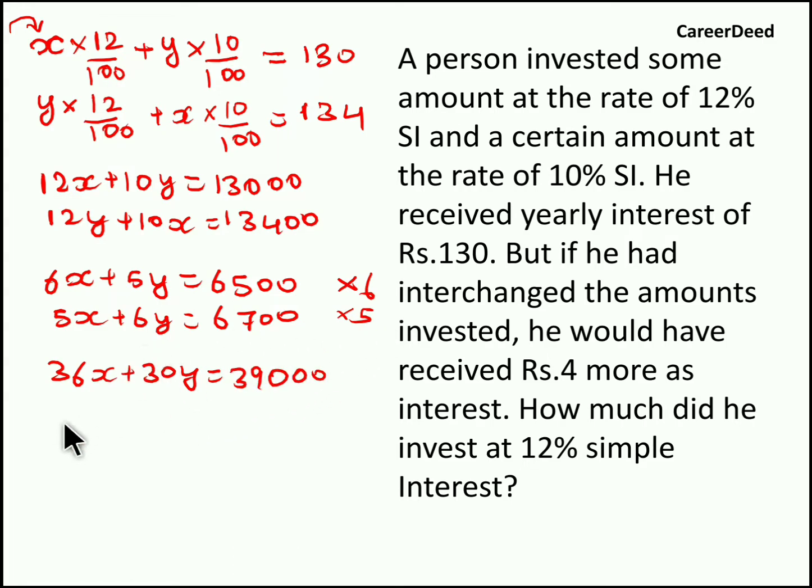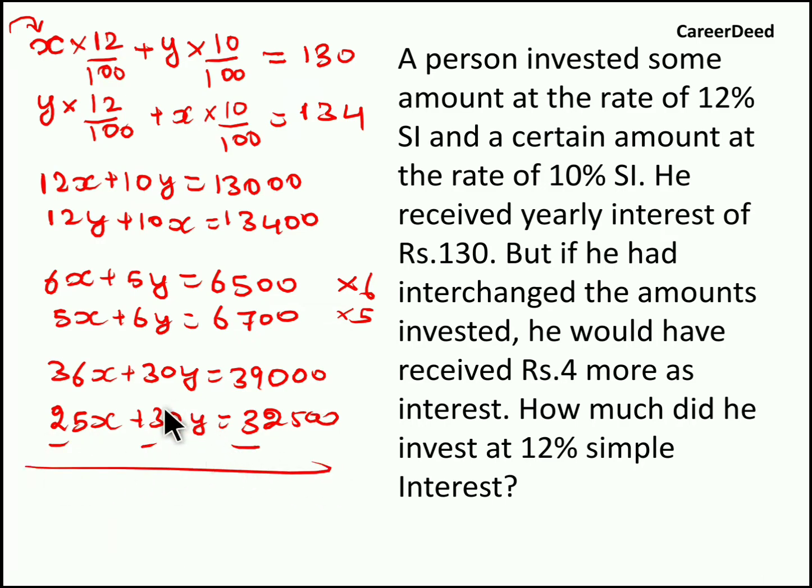Okay, so you have to multiply the second equation by 5. So 25x plus 30y equal to 6700 into 5, you get 33500. So change the signs, you will get 30y cancel, 11x equal to 5500. So if 11x is 5500, x will be 500 rupees.